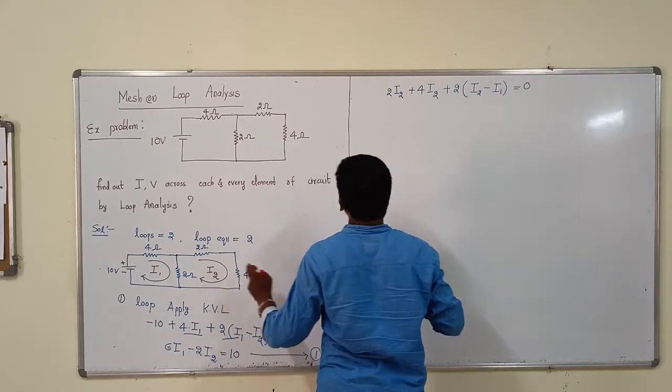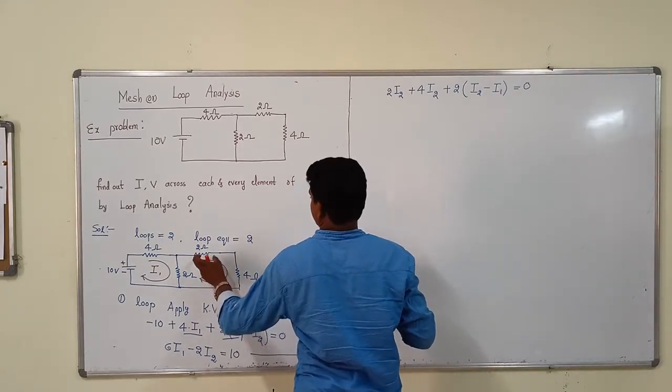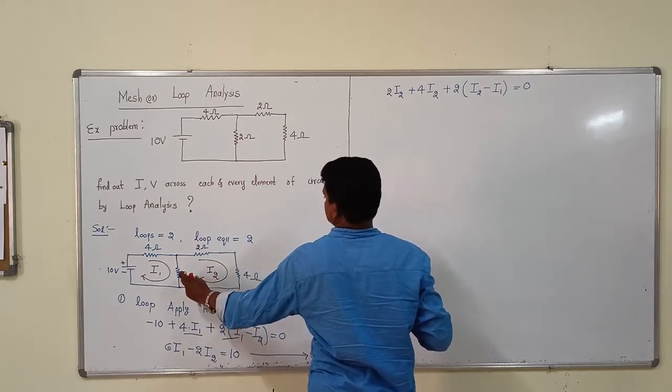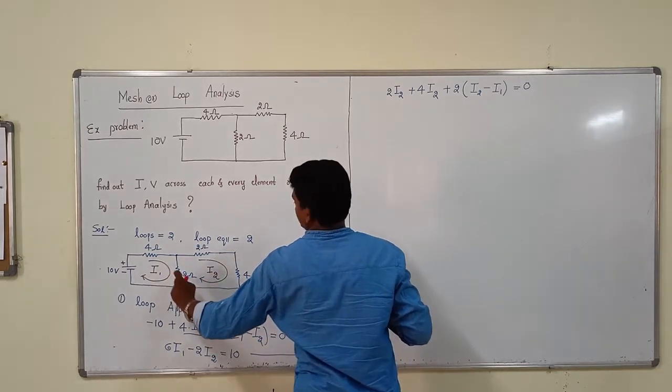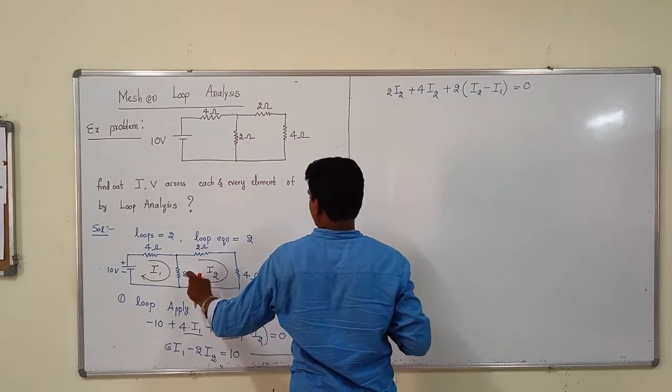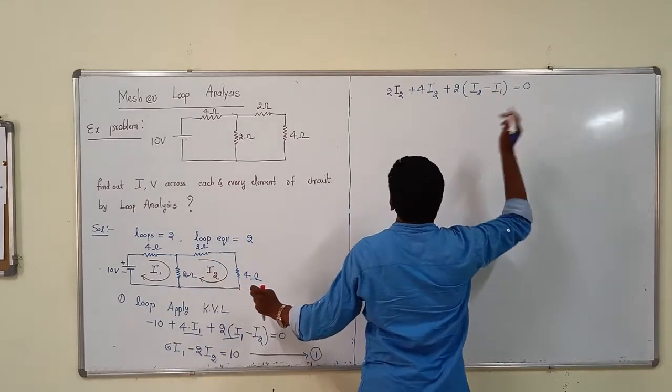I2 is the second loop direction, and I1 is the reverse direction of this I2, that is why I2 minus I1.